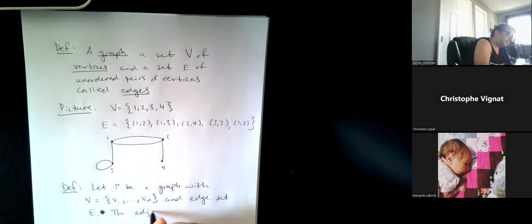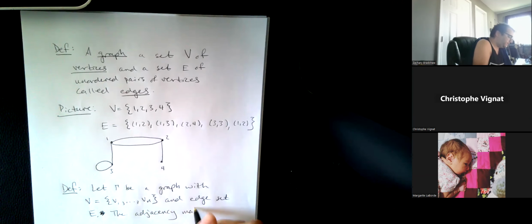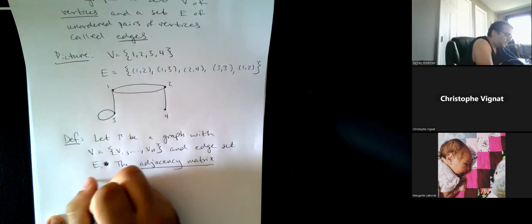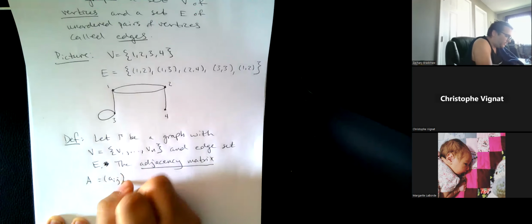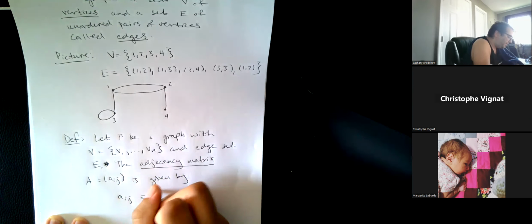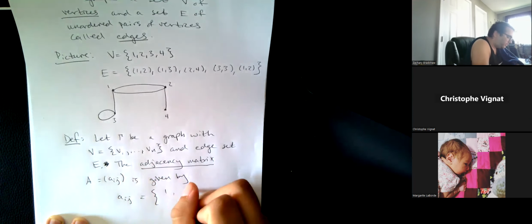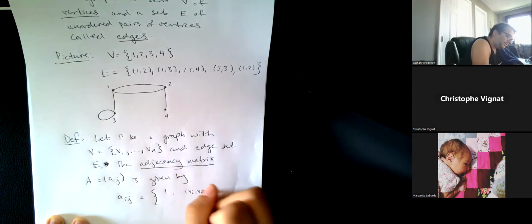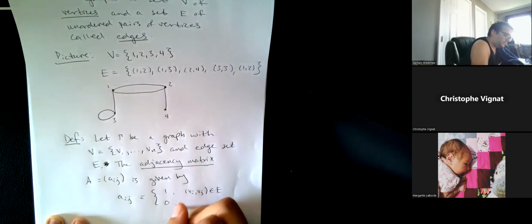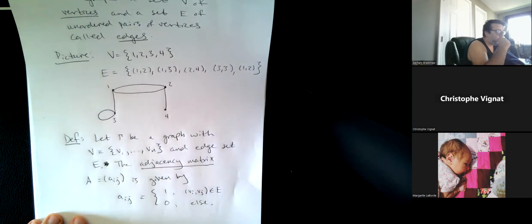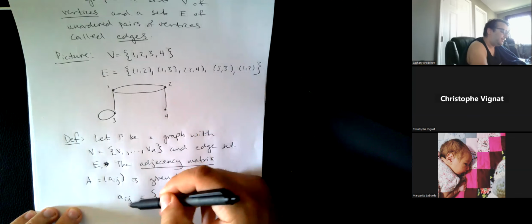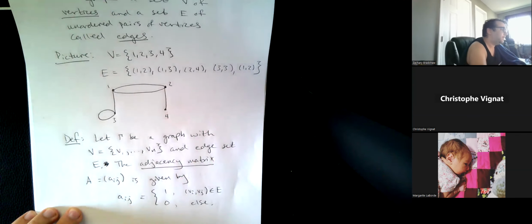The adjacency matrix, we will call it A, is given by Aij equals 1 if the edge ViVj is in the edge set and 0 otherwise. So in other words, if you look at your graph, if there's an edge between 2 points, then the coefficient with indices given by those 2 vertices is going to be equal to 1, otherwise it's 0.